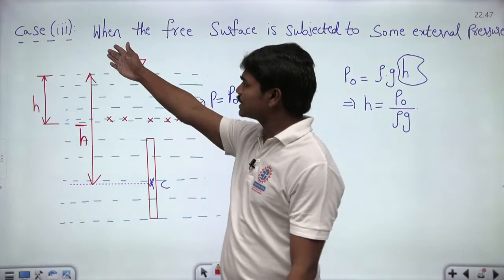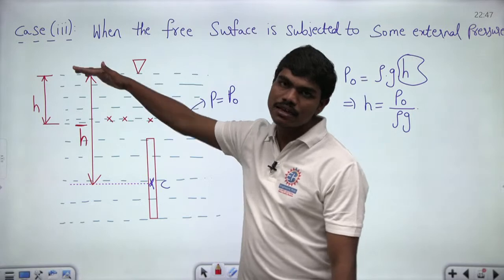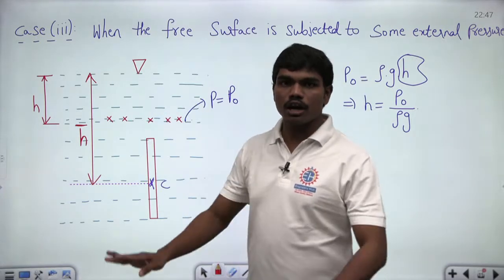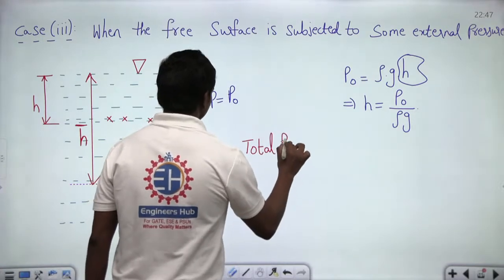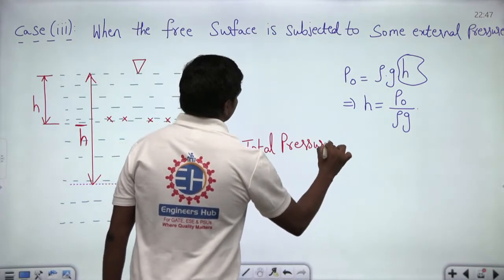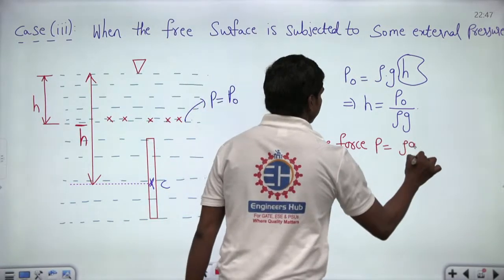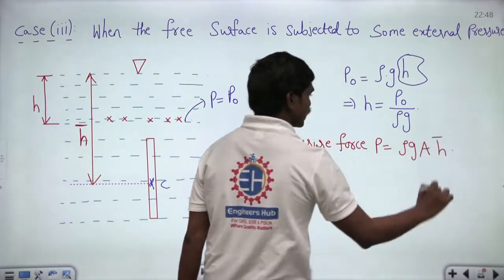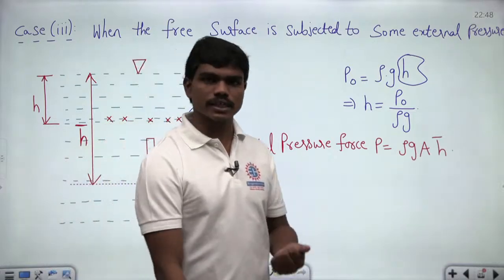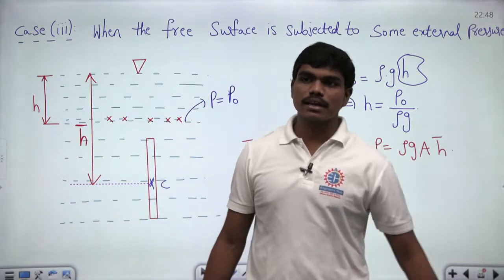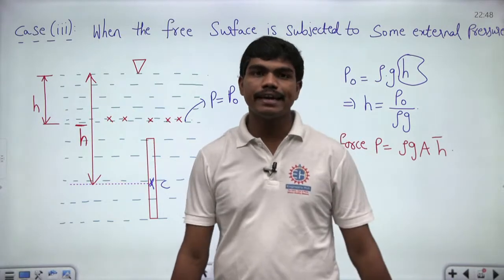Now this again acts as a free surface, and again you can measure your H bar, the depth of this centroid from this free surface, and all your derivations hold. The total pressure force P is equal to rho g A H bar. Again using this H bar, you can also calculate the location of the center of pressure: H bar plus Ixx sin square theta by A into H bar. Of course in this case it is vertical, so sin square theta is 1 anyhow, so it is Ixx divided by A into H bar square.